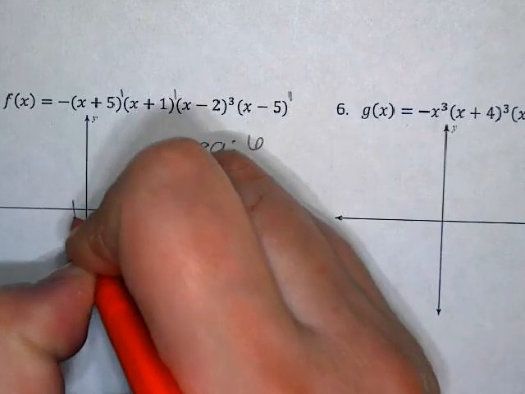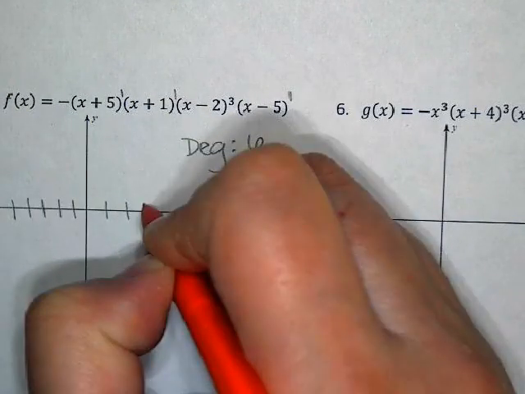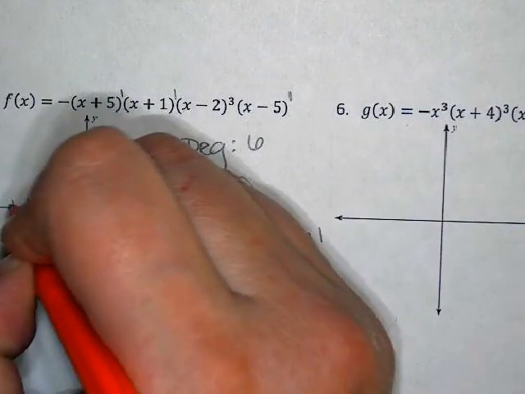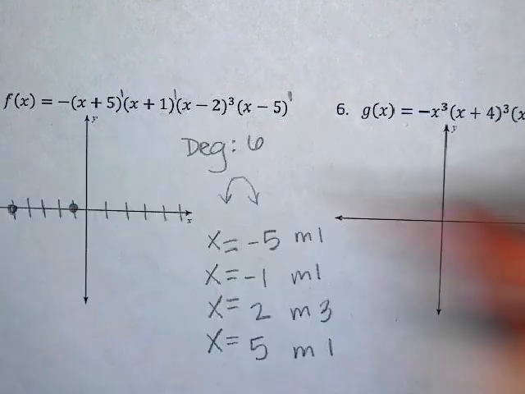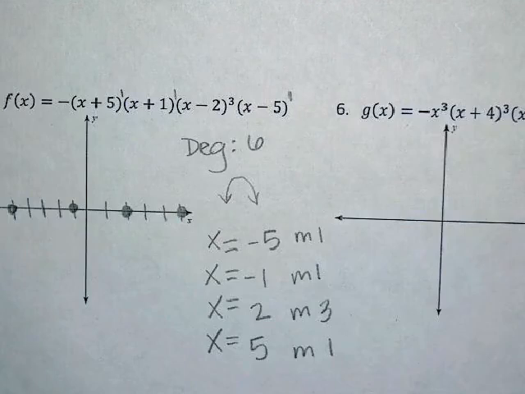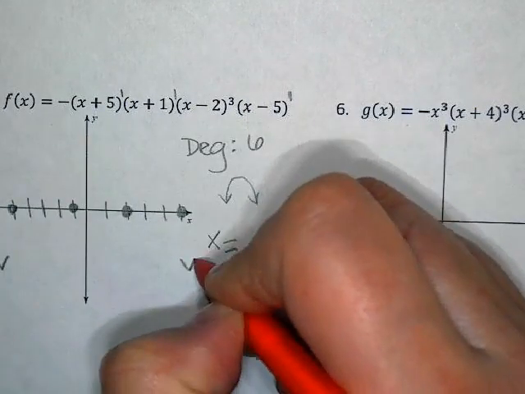Okay, so we've got -5, -1, +2, +5. Both of our arrows are going down. All right, so at -5, we got two options for our multiplicity of 1.